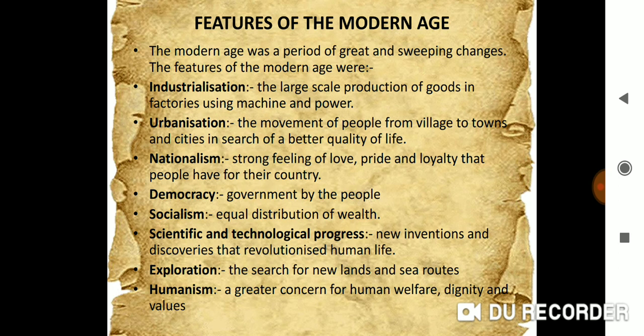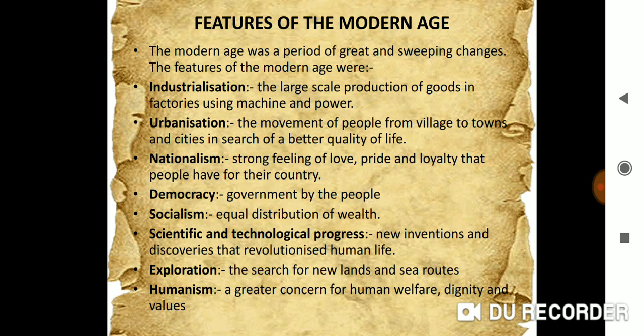For the first time Vasco da Gama explored the sea route to reach India. Before that Columbus tried, but he failed. Finally Vasco da Gama reached India in 1498 and found the sea route from Europe to India. So exploration is also one of the features of the modern age.